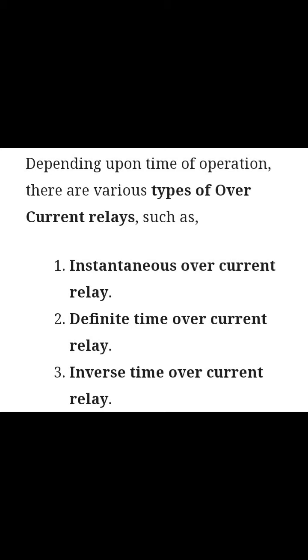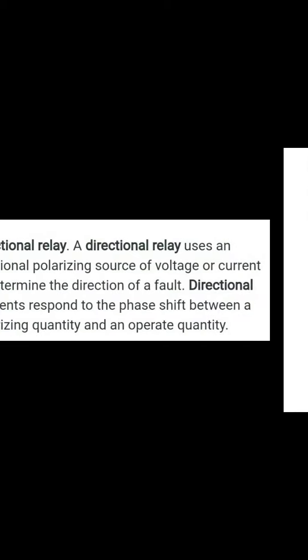Depending upon time of operation, there are various types of overcurrent relays such as instantaneous overcurrent relay, definite time overcurrent relay, and inverse time overcurrent relay. These are the various types of current relays.